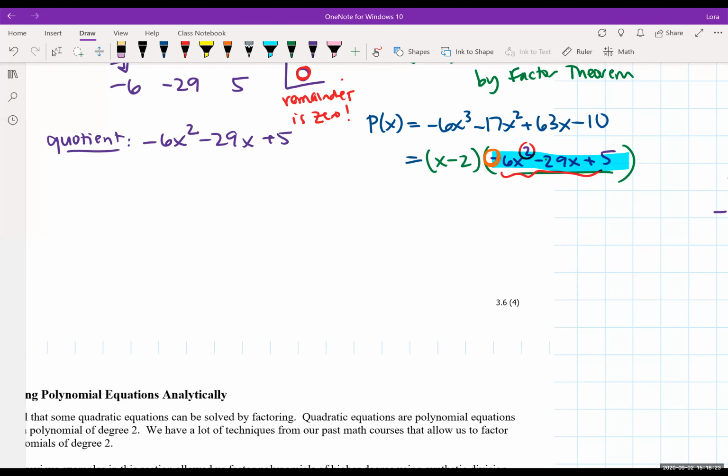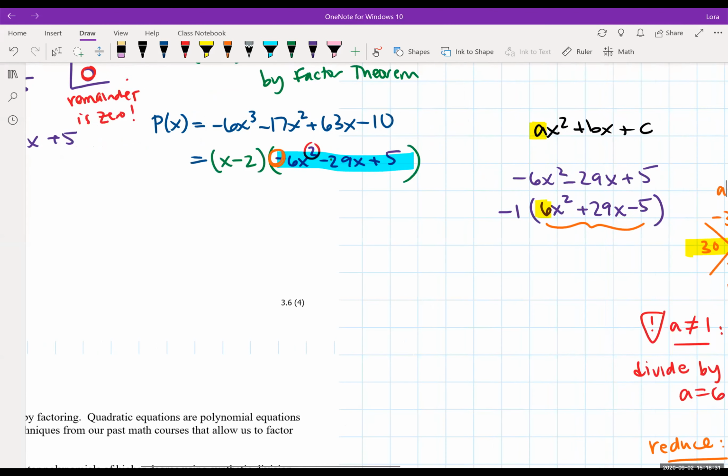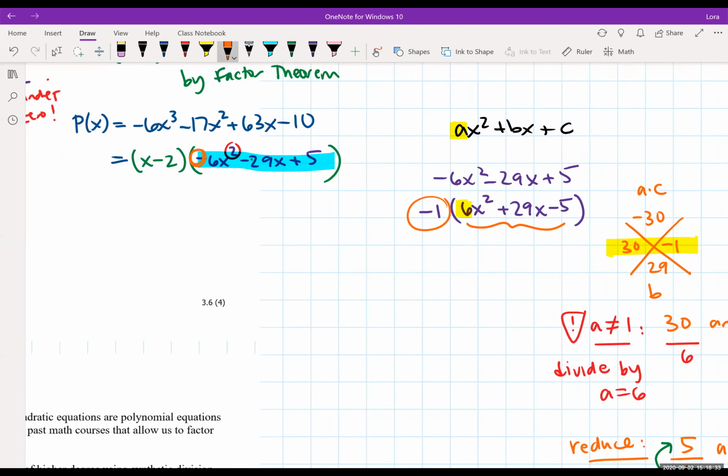So let me erase some of the noise here for a second. So let's do this. Remember, when I first factored, I took that negative 1 out of the situation. So what I did for myself is I rewrote it so that I had 6x squared plus 29x minus 5 inside.